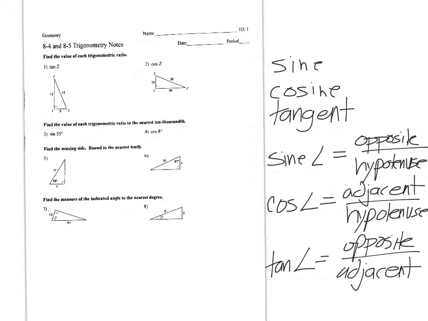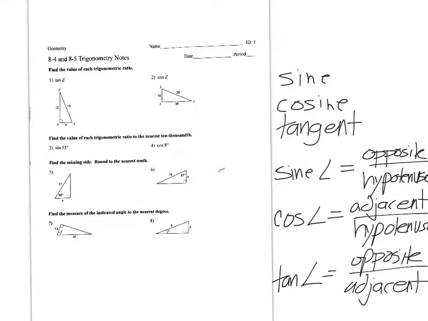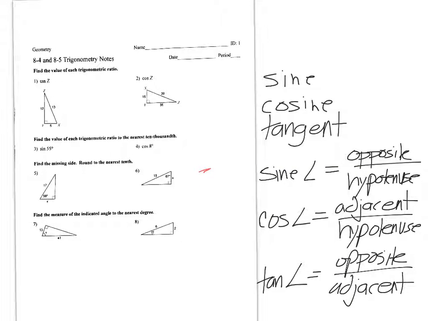Now, what some teachers teach, and I do this a lot too, is an acronym to remember this, and it is called SOH CAH TOA. S stands for sine, O stands for opposite, H stands for hypotenuse.